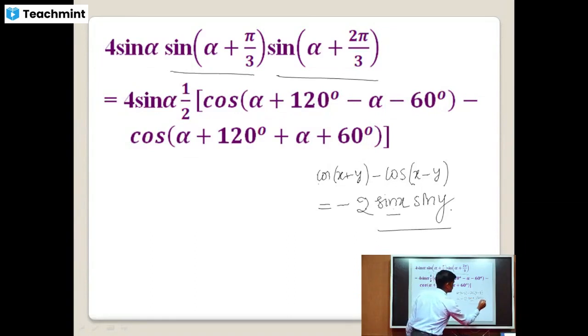Therefore, sin x into sin y can be written as minus half into cos of x plus y minus cos of x minus y.